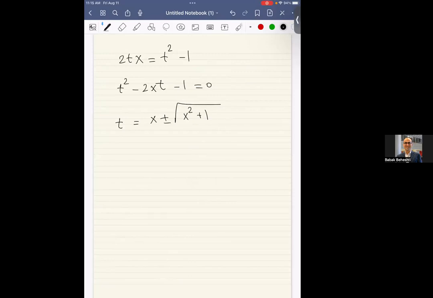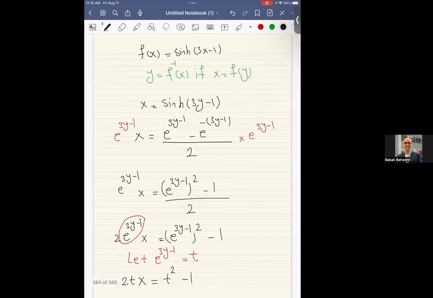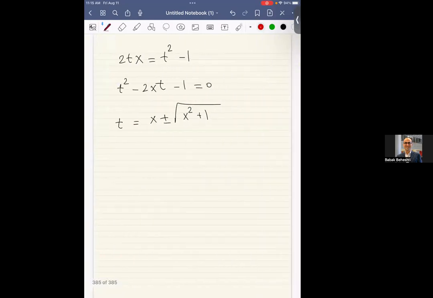Now, remember that t is e to the power something. So remember that t is e^(3y-1). So t is positive. Since t is positive, you have t equal to just x + the square root of x^2 + 1. Because here you have two answers, you have to choose one of them. Since t is positive, you choose the plus.